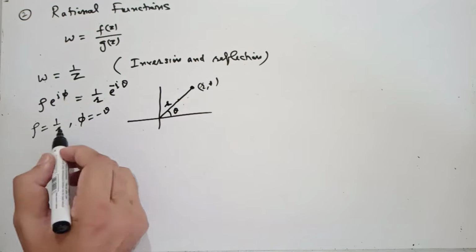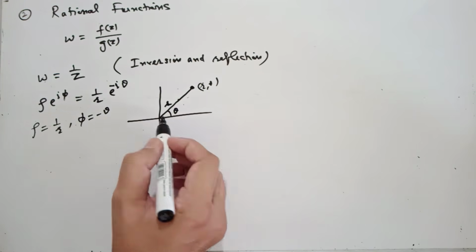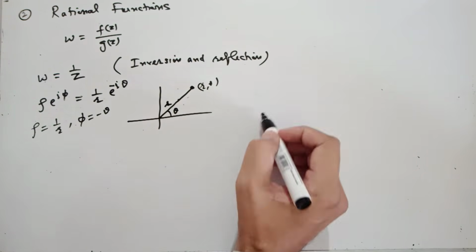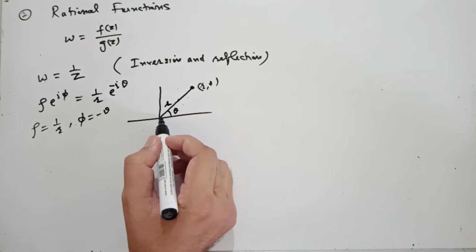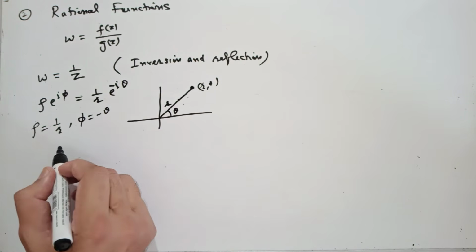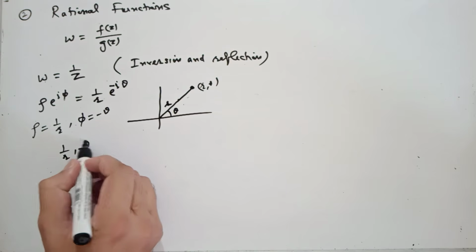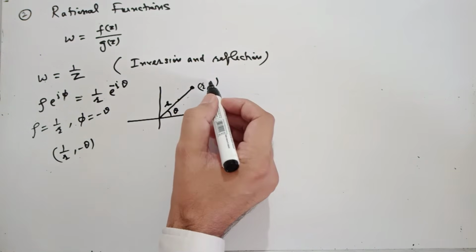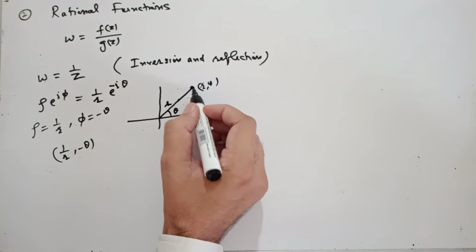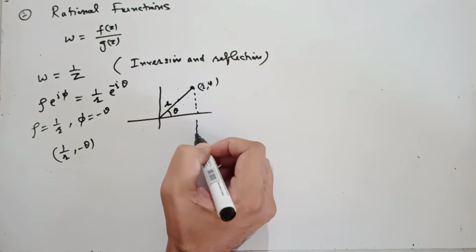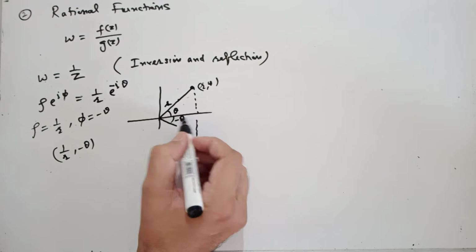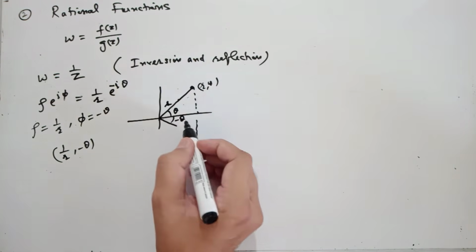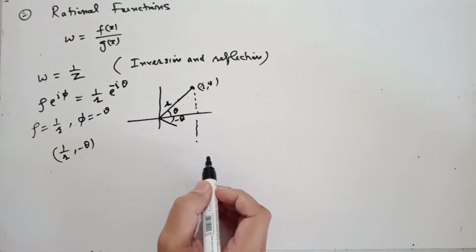Just to explain, let us draw 1 over r and minus theta in this plane itself, though you can show it separately in the uv plane. So the image point is 1 over r, minus theta. Theta has gone to minus theta, means this point is reflected in the x-axis. Say this angle is minus theta. That's why reflection.